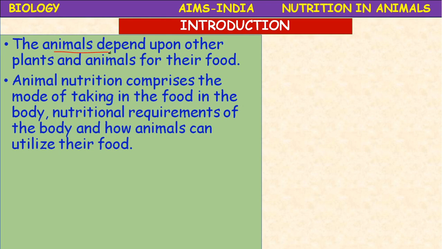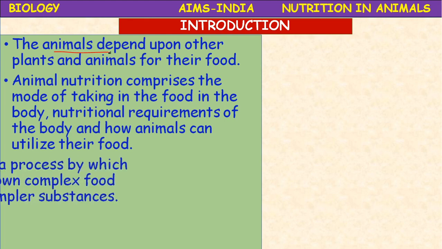Animal nutrition comprises the mode of taking in food in the body, the nutritional requirements of the body, and how animals can utilize their food. These all come under animal nutrition.